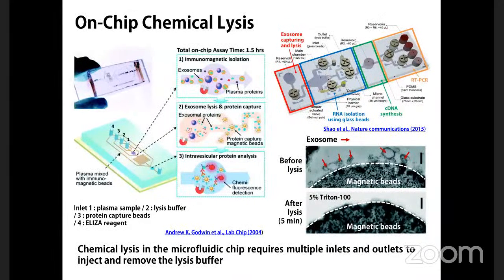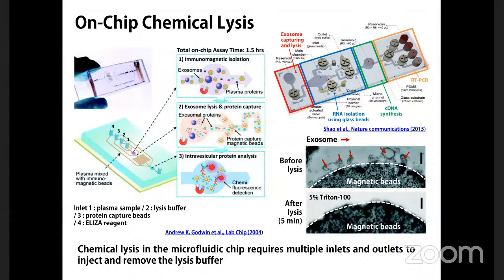First, the chemical-based lysis chip is a method to obtain protein or microRNAs by capturing exosomes on a magnetic bead and adding lysis buffer as follows. These chips require several inlets for lysis buffer injection except sample injection.